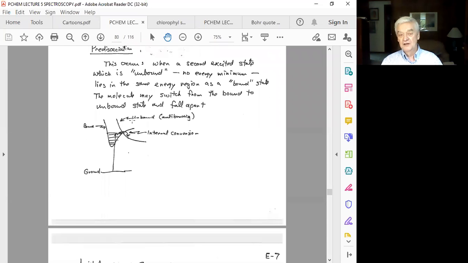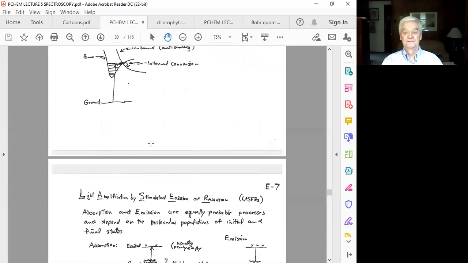A much trickier kind of thing is if you have several excited states and one of them is said to be unbound. If you get into this state, maybe you have a bond order of 0, and you can have an internal conversion between these states. And if you wind up in an unbound state where the potential doesn't try to keep you contained at a bond distance, then that can occur.